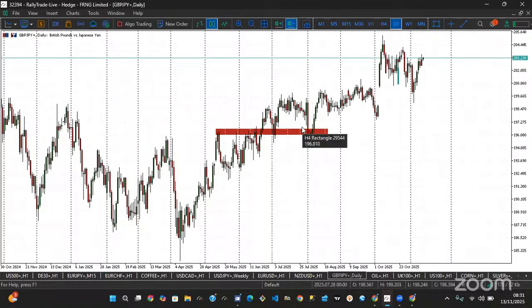It has a higher probability on the higher time frame. You don't do this on 15 minutes, on 5 minutes, 30 minutes. Sometimes 1 hour might not really be too good, but 4 hours is good. Daily is one of the sweetest you can do that on.